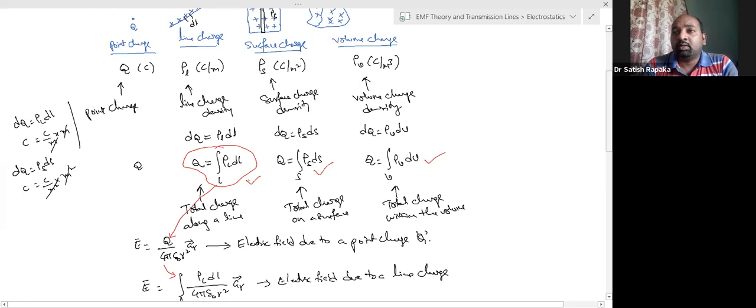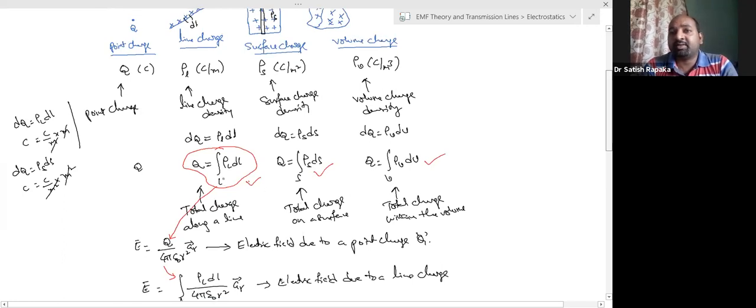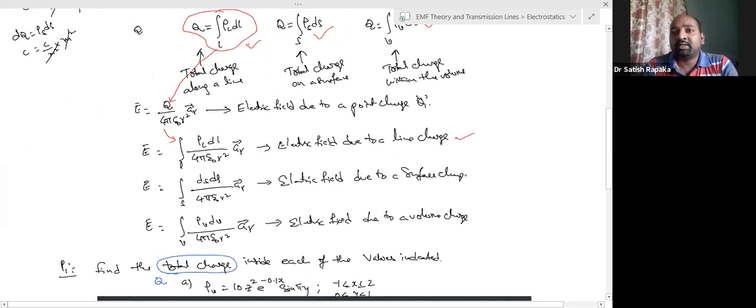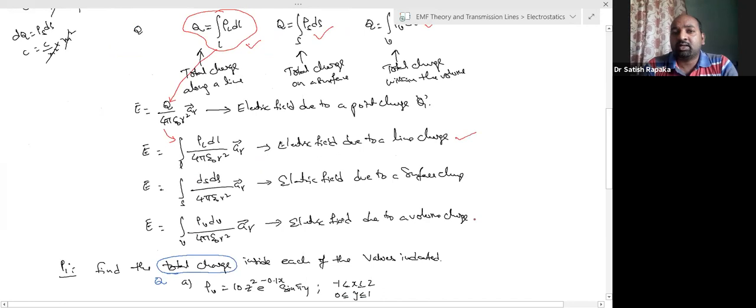And if we know the charge, we can determine the electric field. So this is the electric field due to line charge, the electric field due to surface charge, and the electric field due to volume charge. This is what we discussed in our last class.